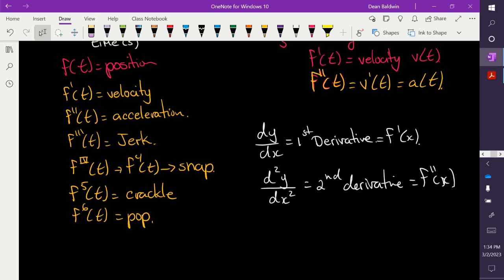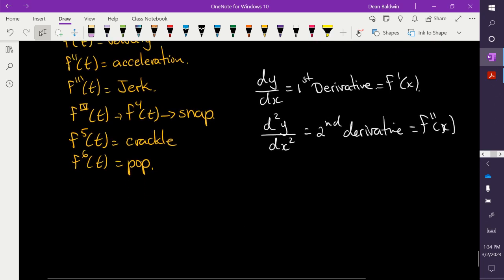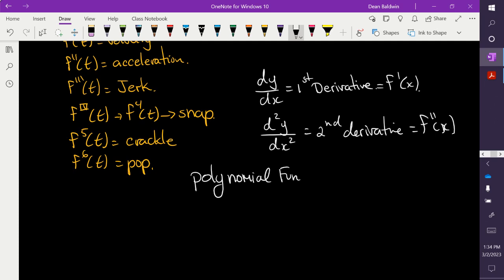So that's the notation. Now, let's look at polynomials. So polynomial functions. If I have a polynomial of f of x is equal to 3x cubed plus 2x squared plus 1.